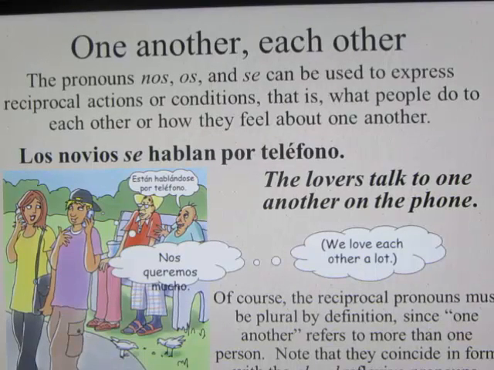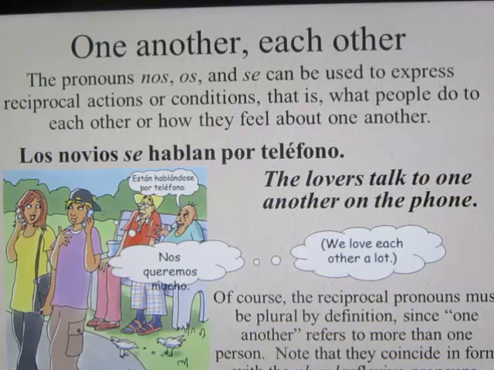The last way we are going to use reflexive constructions is when you use words such as one another, each other, when you have reciprocal actions. The plural reflexive pronouns nos, os, and se may be used with verbs that take a direct object to express reciprocal actions.